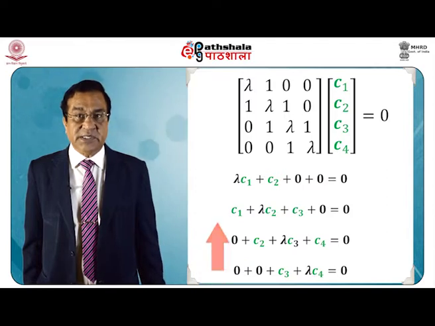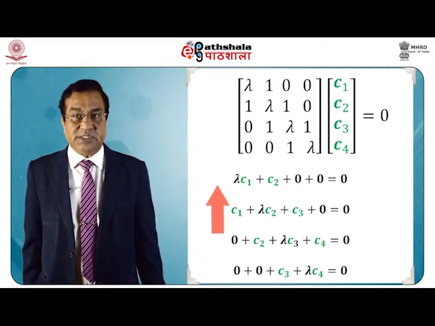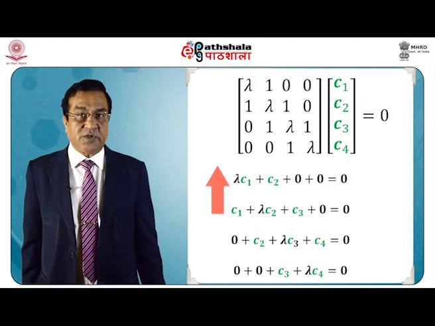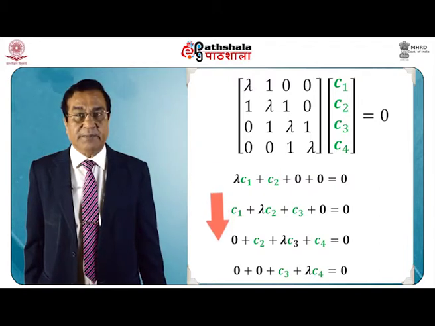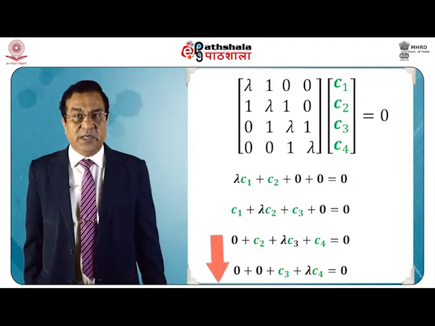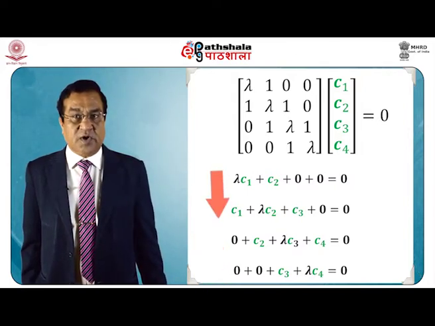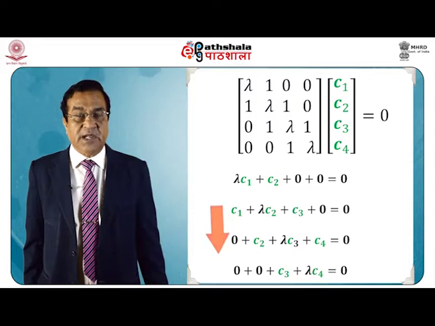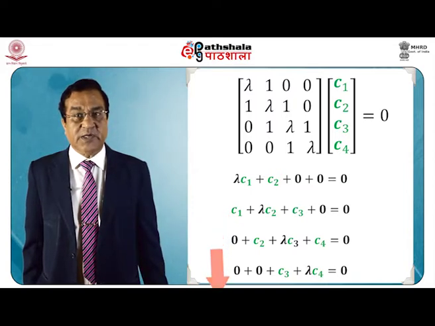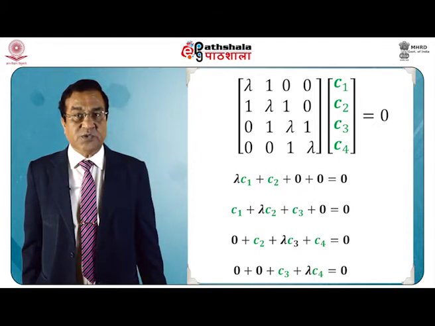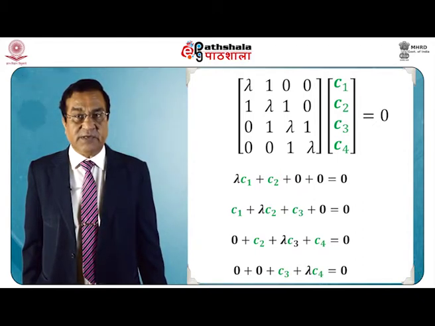Each equation is in terms of C1, C2, C3, C4, and each corresponds to 1 lambda value. So by substituting each lambda value, we can solve these 4 equations and get the corresponding values of the 4 coefficients C1, C2, C3 and C4.